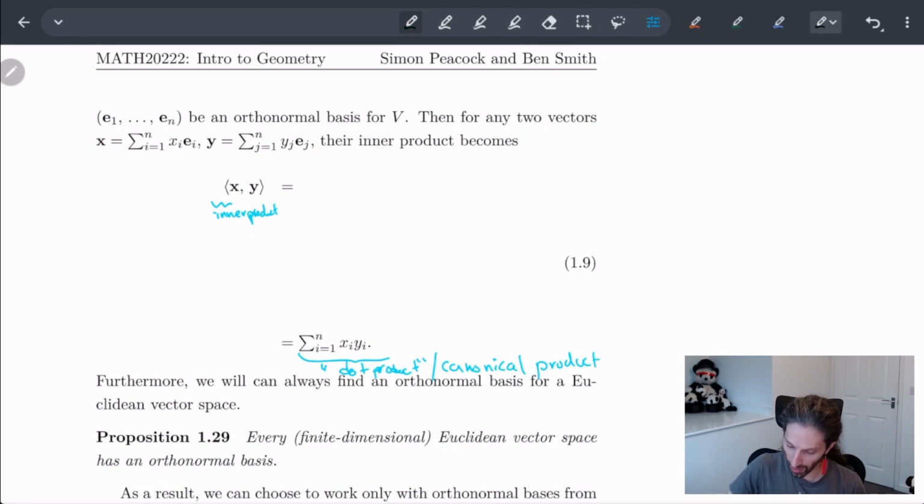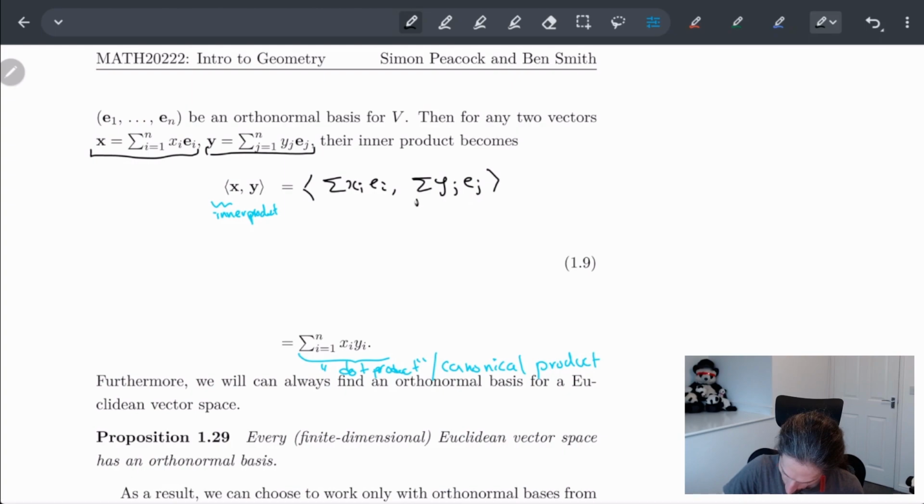First, since e1 to en is an orthonormal basis, we can decompose x and y as sums of basis vectors, with i equals 1 to n, and yj ej, j equals 1 to n.